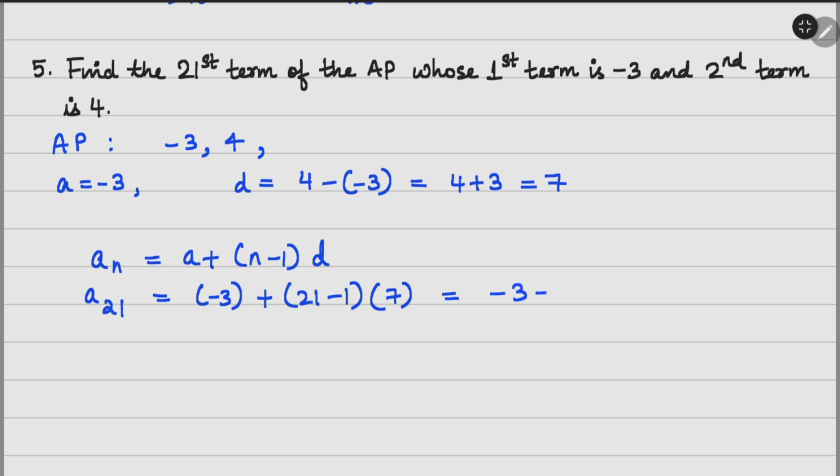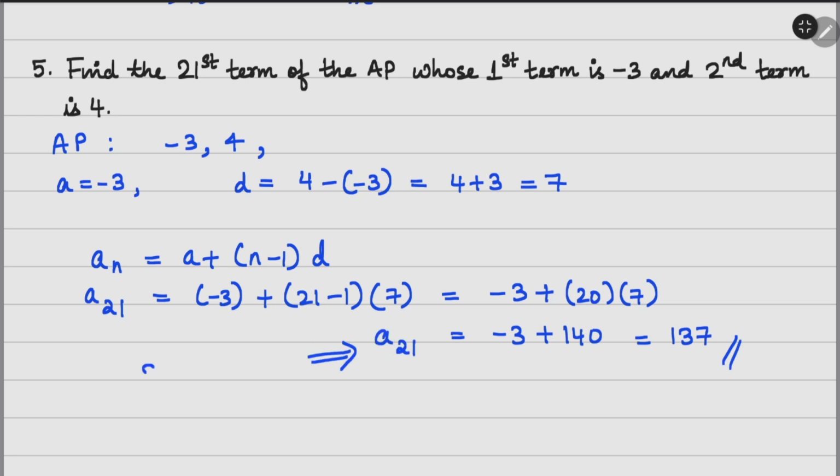So you have minus 3 plus 20 multiplied by 7. So you have minus 3 plus 140, which is 137. So what is your 21st term, which is denoted by a21? The 21st term of your AP is 137. That's your answer.